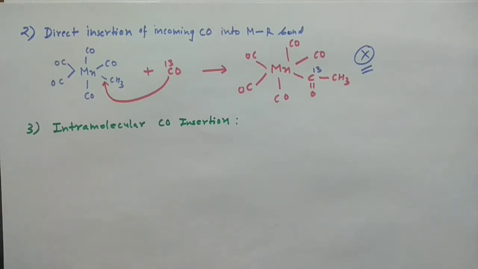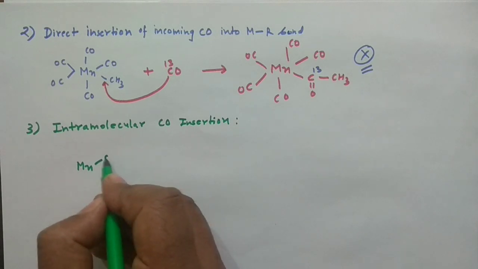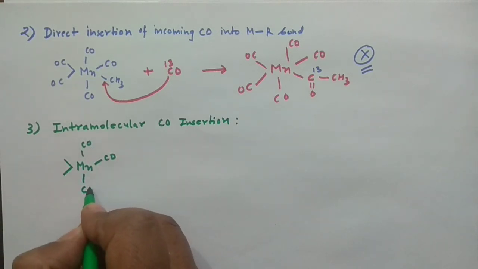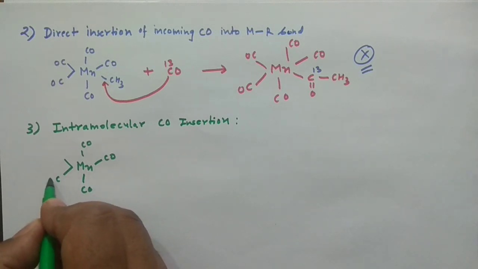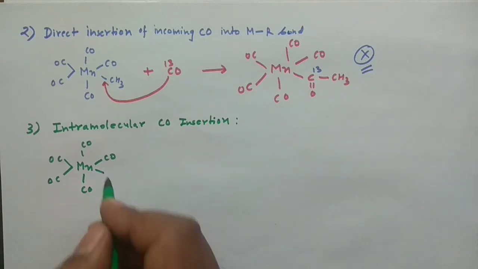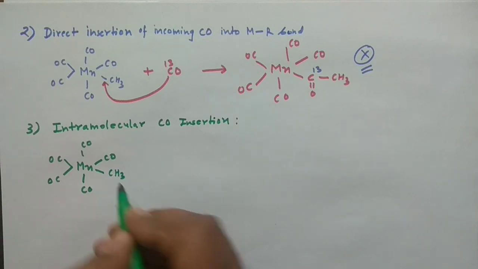Okay, so I'm doing this reaction with the same example. All these things you will bear in your mind: the cis relationship between the carbonyl and the alkyl group, and no change in the oxidation state. All these features you should know. This is CH3.